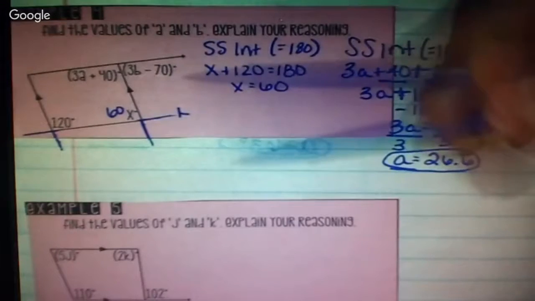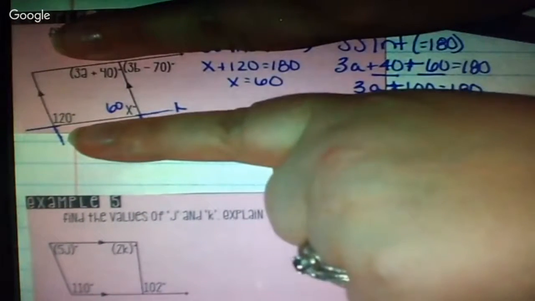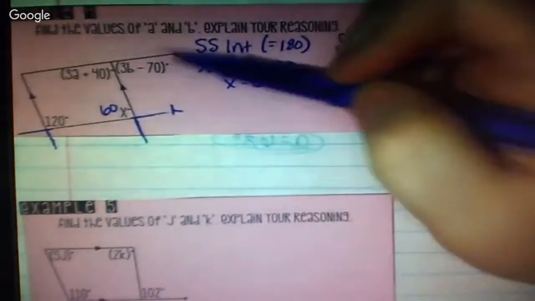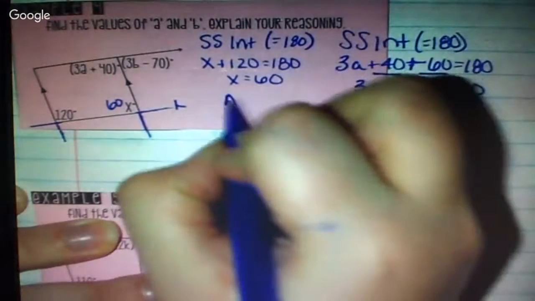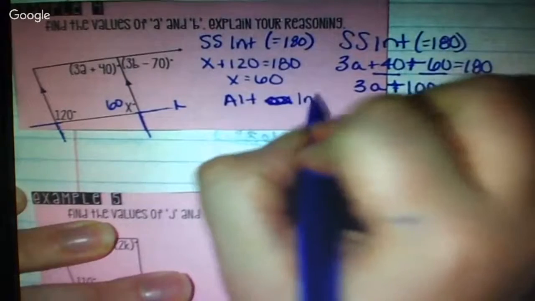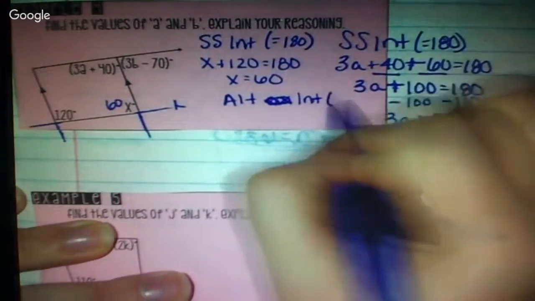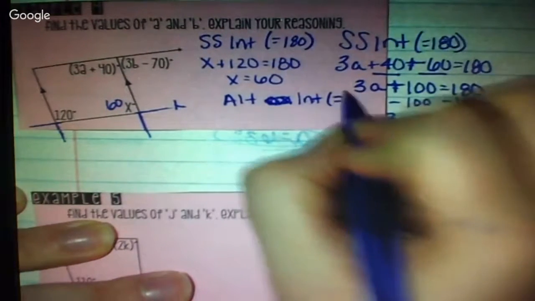Alternate interior angles. So these are my parallel lines. They're on the inside. One's on the left of my transversal, one's on the right. So these are alternate interior, not exterior. Alternate interior angles, which means that they are equal.